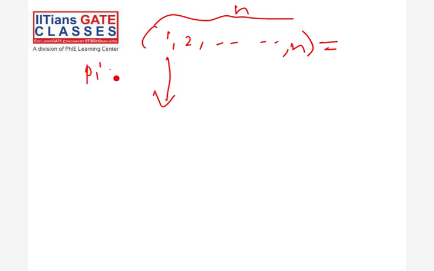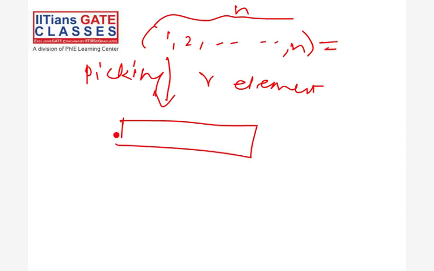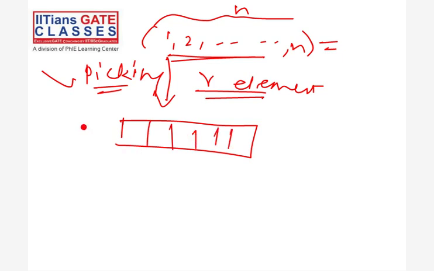We had some n elements, and first we were picking r elements from this set of n elements, and then we were arranging those r elements.